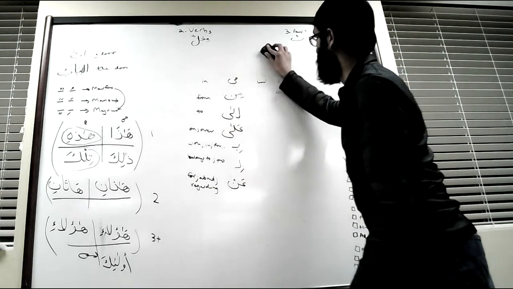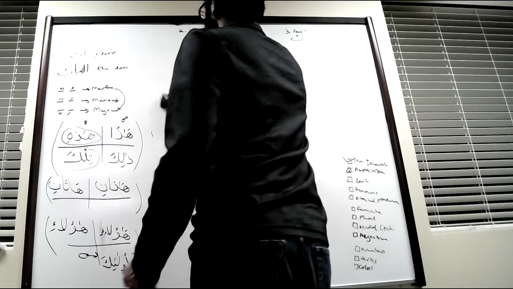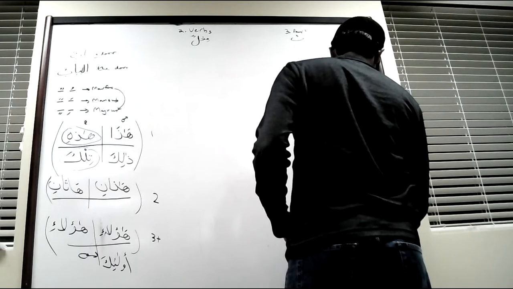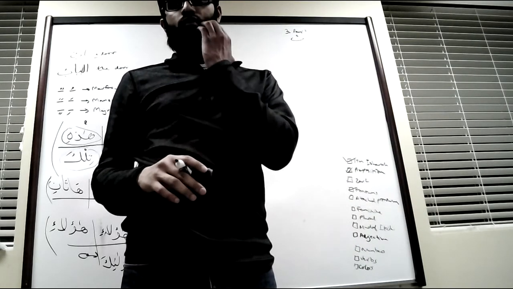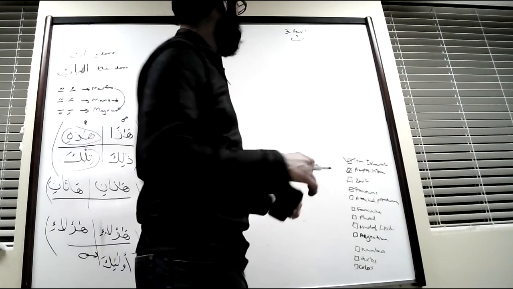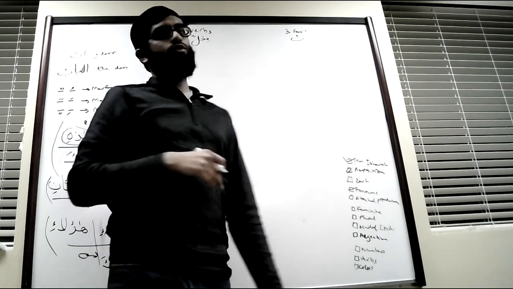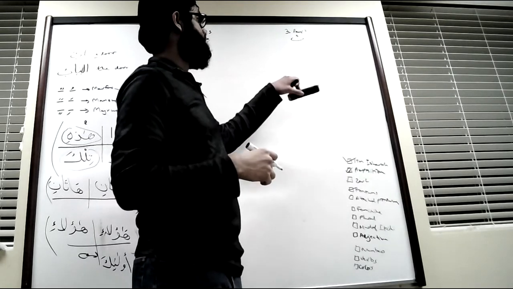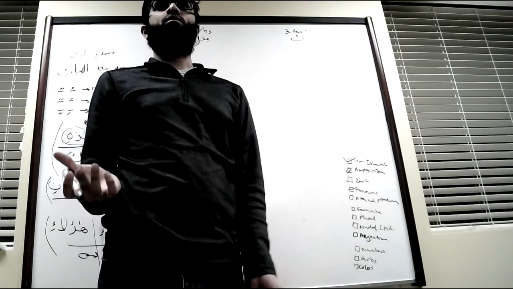All right. So those were standalone pronouns. Then we also did attached pronouns, right? So attached pronouns are one of the most important things for the book. So how do you attach he to a noun?